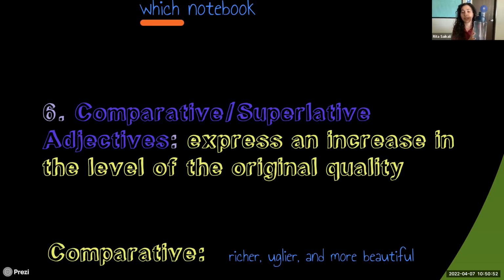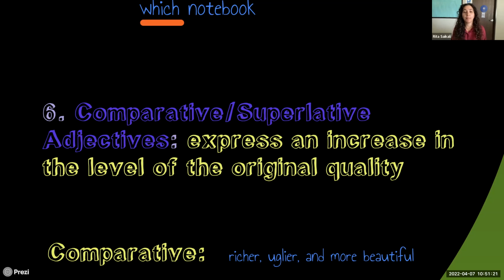Best is a superlative adjective because it's saying it's the top, right? Or if I say this is the worst water I've had, it is then the bottom. So it's either the top or the bottom. Comparative would be: this water is better than the other water that I was drinking yesterday.